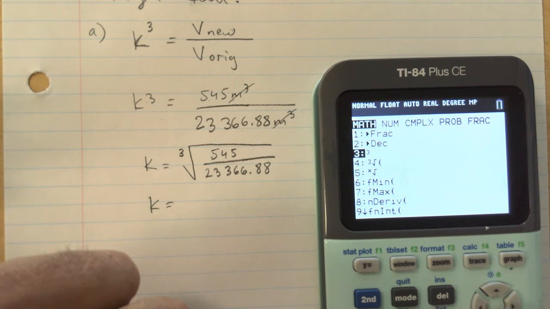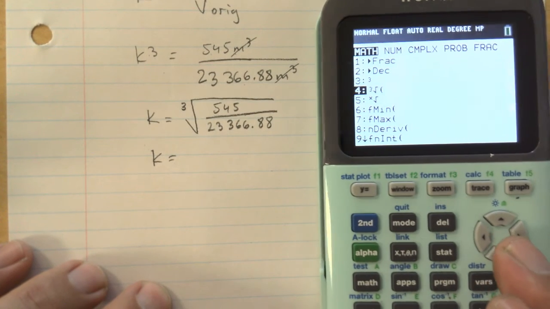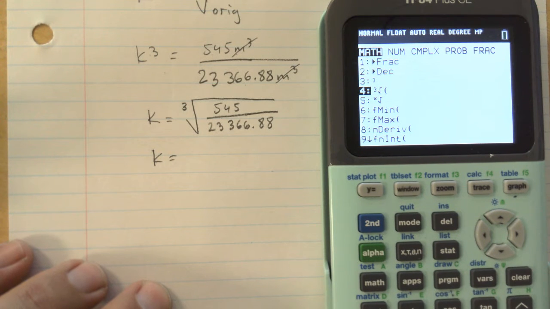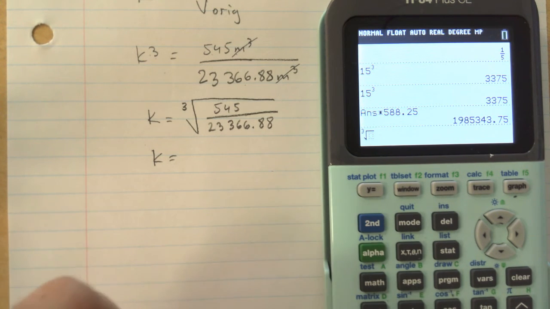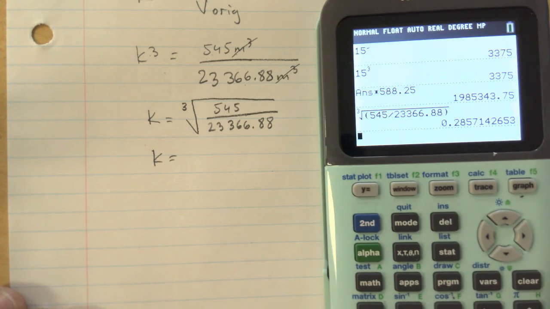And there's the fourth option as a cube root there. See it? It's kind of hard to see on the screen there. And then just type in using brackets 545 divided by 23,366.88, close brackets, and it's that.